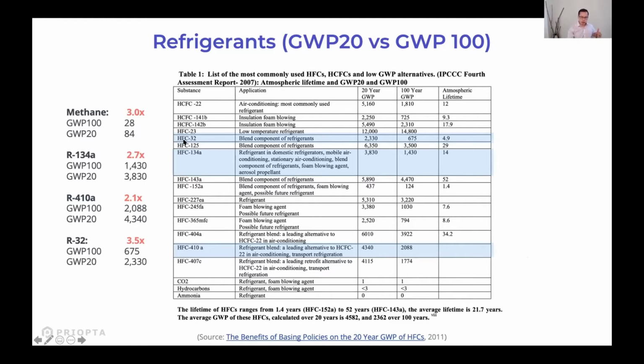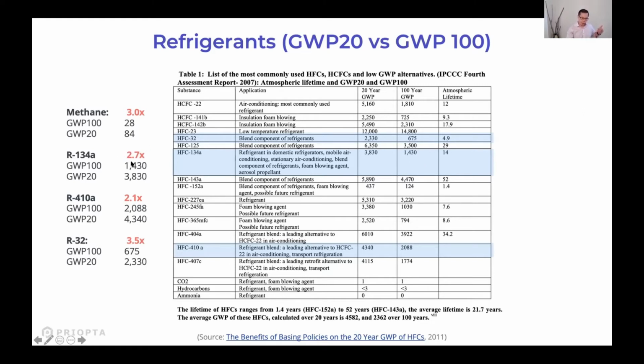And so if you use a GWP 20 metric, which is also important in the context of avoiding our climate tipping points, which is a whole separate discussion, but if we're trying to prioritize near-term emissions reductions, these are even more important than the weight we give them when we typically calculate based on a 100-year time horizon. Most of the GWP numbers that you see are these GWP 100 stats.